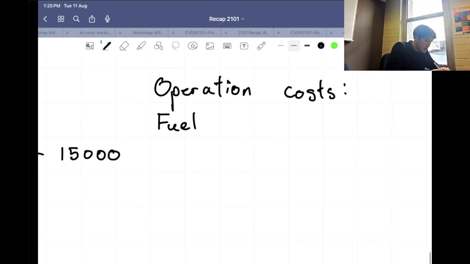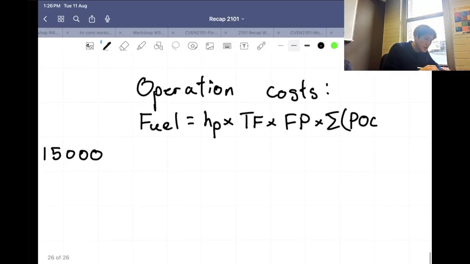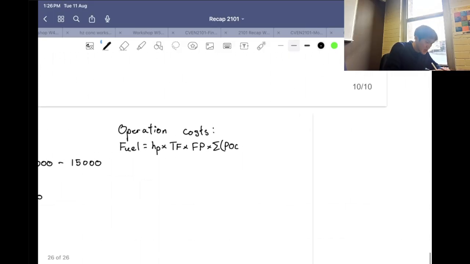So the fuel cost is the horsepower times the time factor times fuel price times the sum of POC times FCR. So HP is horsepower, TF is time factor, FP is fuel price, POC is your percentage of operation conditions, and FCR is the fuel consumption rate.